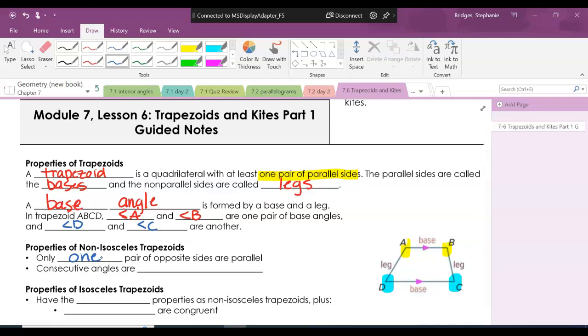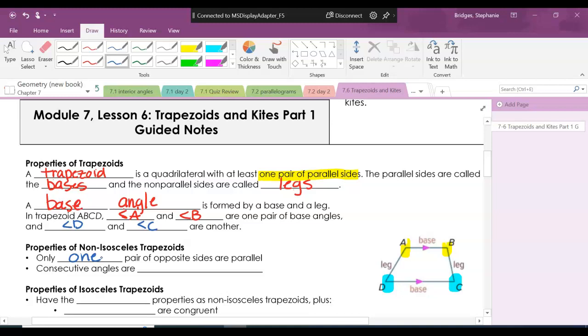And my TV is not catching up with what I just wrote. That blank right there, right after only, is supposed to be one. There we go. And then the next one, the consecutive angles. Okay, not the base angles, but the consecutive angles. So A and B are a pair of base angles. D and C are a pair of base angles.